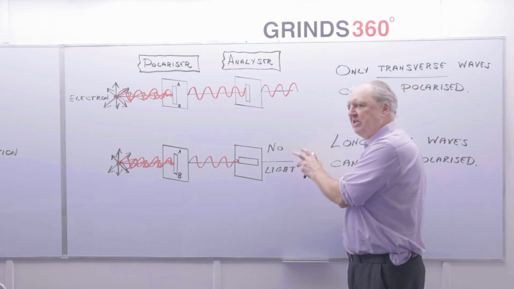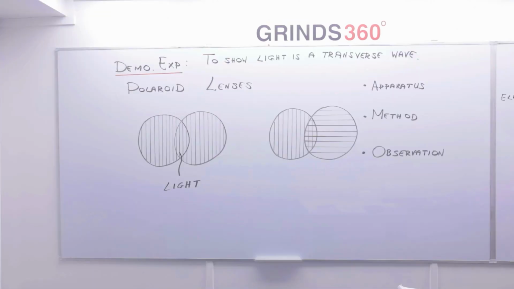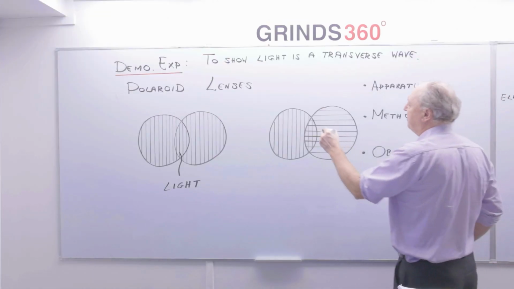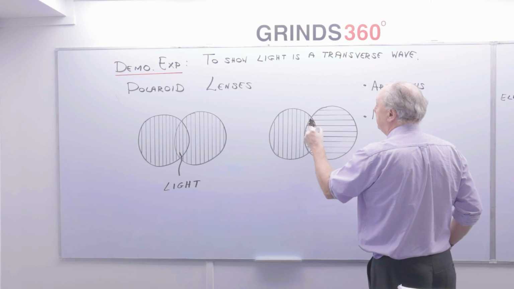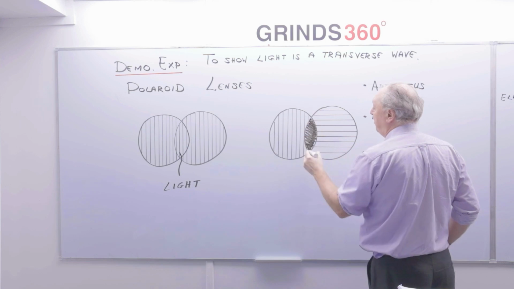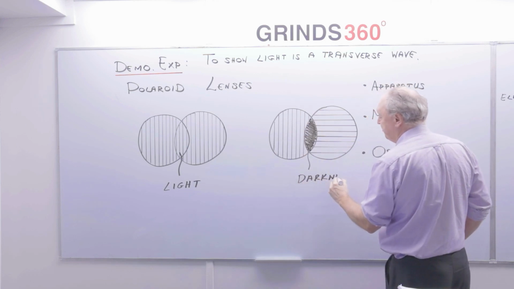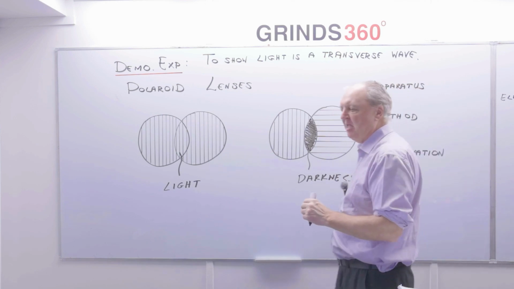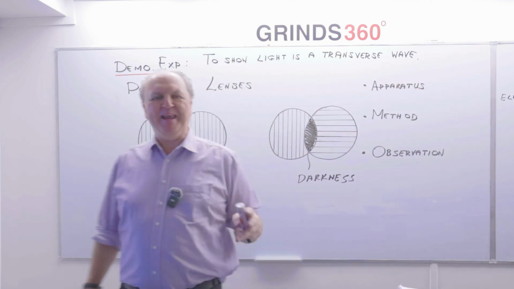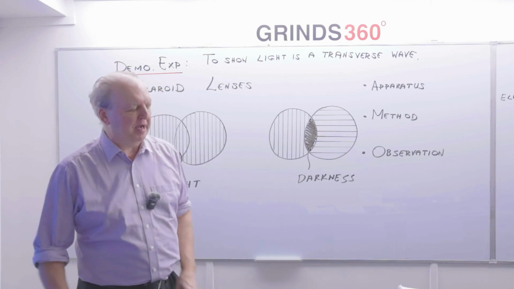So you get no light, or darkness. So in this situation over here, you end up getting total darkness in that place where they overlap. So no light whatsoever will pass through there. So you're talking about polarization taking place. You're talking about light must be a transverse wave because it can be polarized.